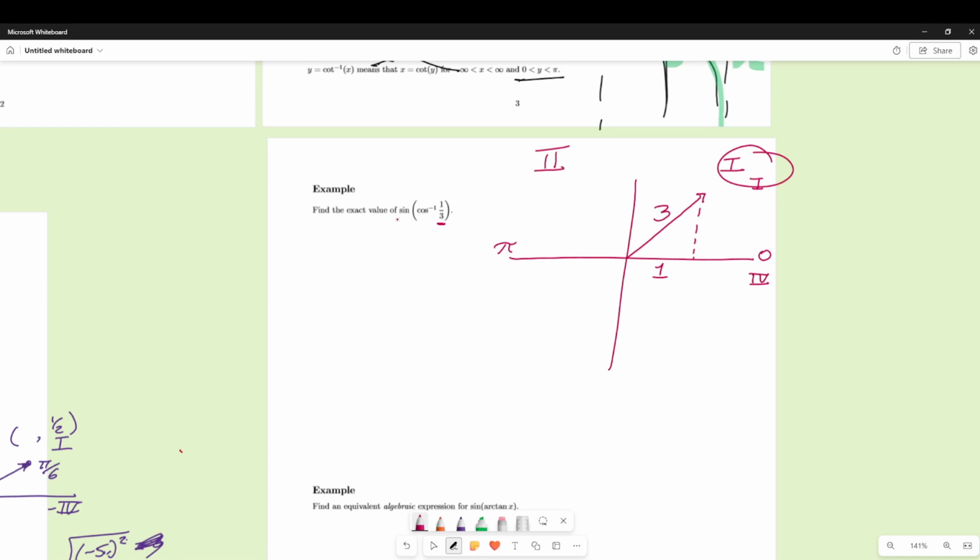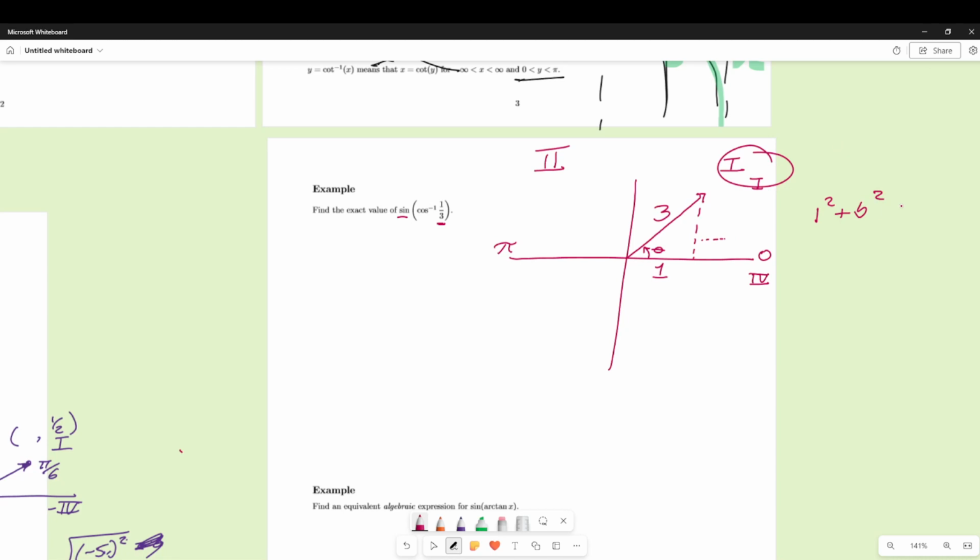Well, to find the sine of whatever this angle is, or something else coterminal to it, we know the cosine gave us 1/3. If we want to know what the sine value was, we would need this y value over here. Well, a little Pythagorean theorem will give us that.